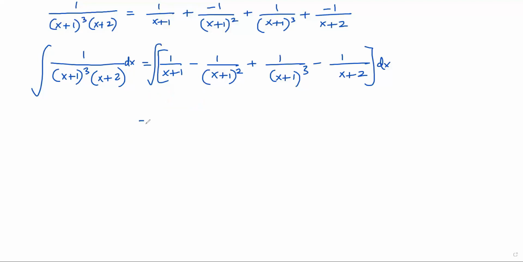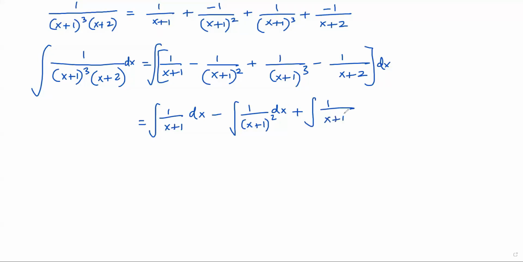Then we'll be getting the integral of 1 over (x+1) dx, minus the integral of 1 over (x+1) squared dx, plus the integral of 1 over (x+1) to the third power dx, minus the integral of 1 over (x+2) dx. Okay, here if you consider the first integral, the denominator is x+1.